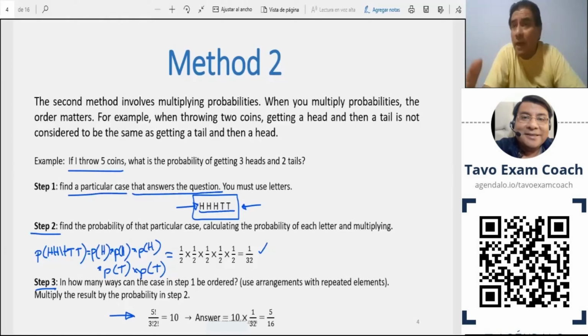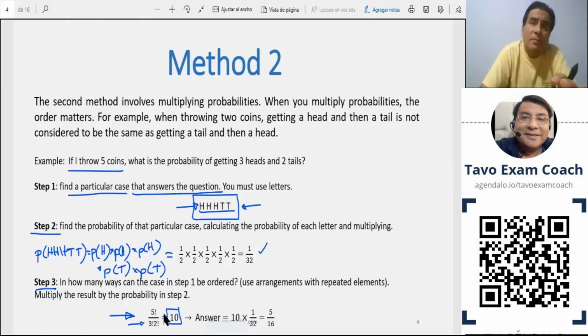In this case, we have 5 letters, so 5 factorial. And we divide this by the number of repetitions that each of the repeated letters generate when they permute. So what we get here is actually 10 different arrangements, okay, for the 3 heads and the 2 tails.